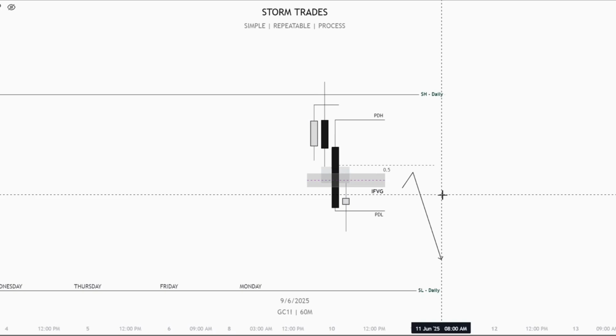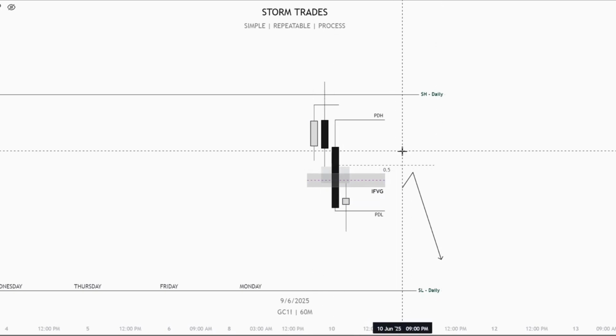So this happens a decent amount, where the daily bias is bearish, but when I go to the hourly time frame at the time of my analysis, I can clearly see a change in the state of delivery back up into the range. Okay, now that also makes sense here, right? Because the midpoint of the previous daily candle is way up here.